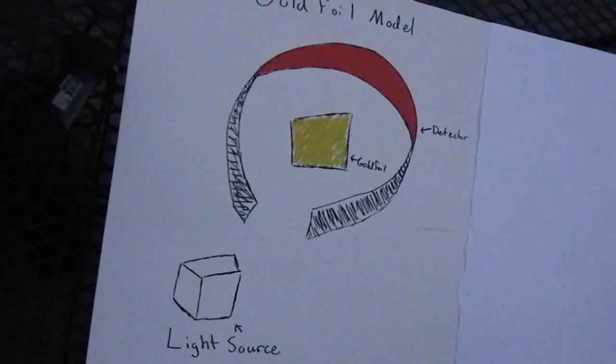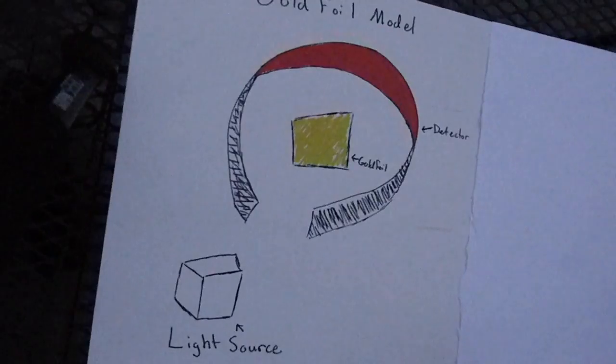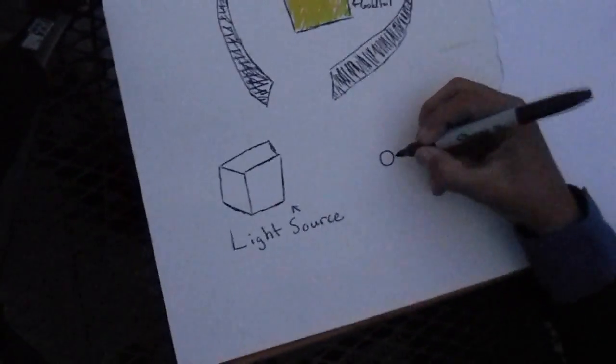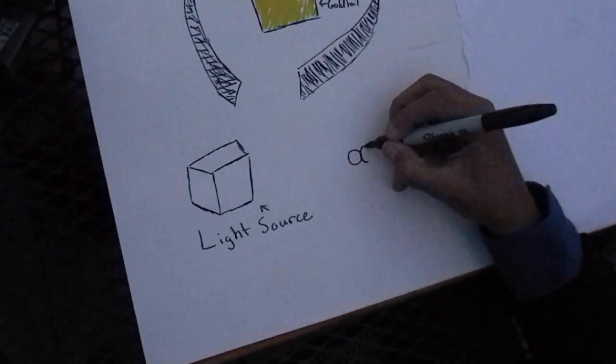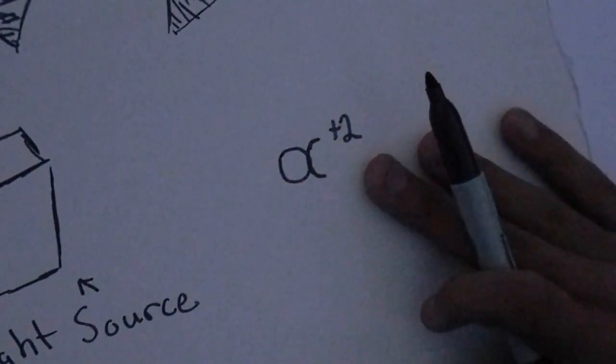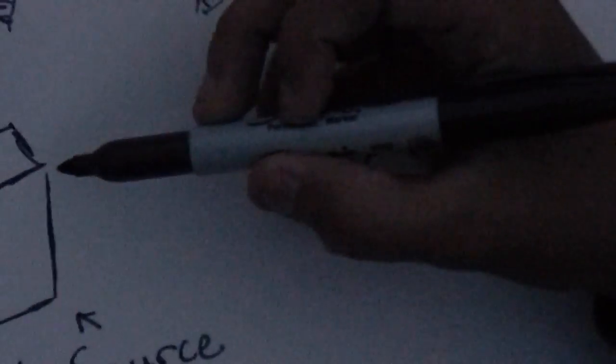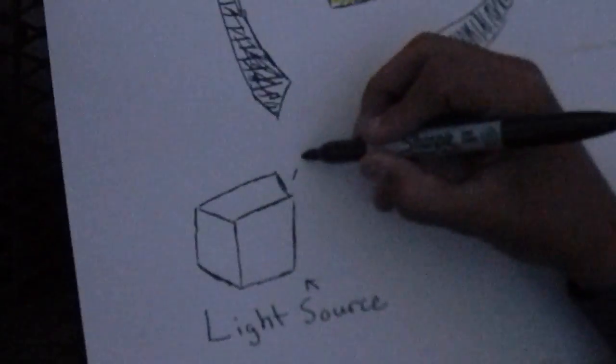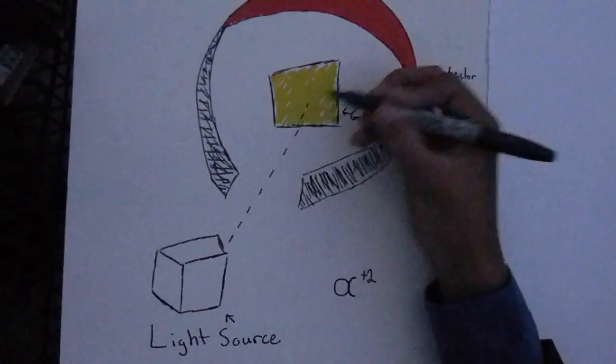Now, we need to remember, alpha particles are heavy, they're positively charged as well, and they're usually written like this. That's what they're usually written as. Now, the source right here shoots out particles, the alpha particles, at this gold foil.